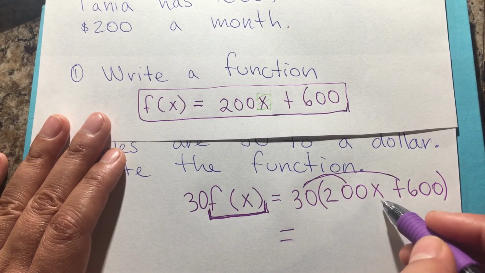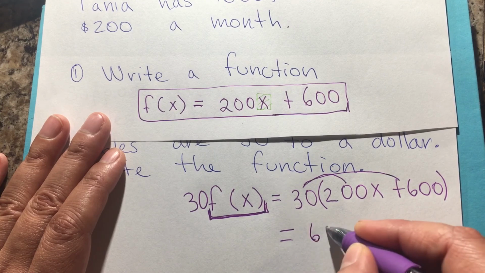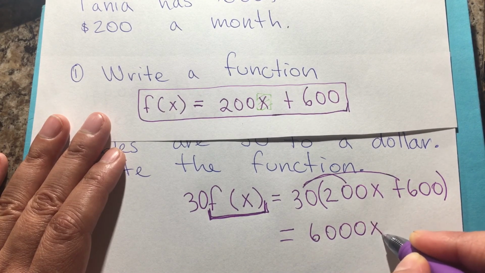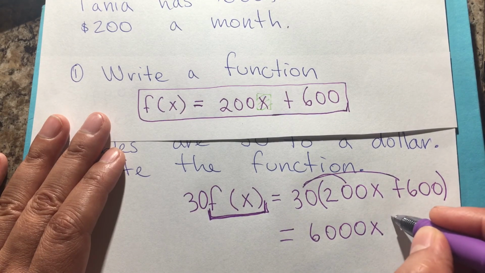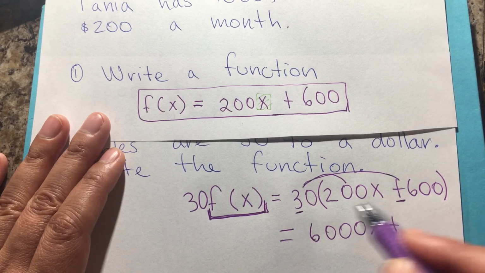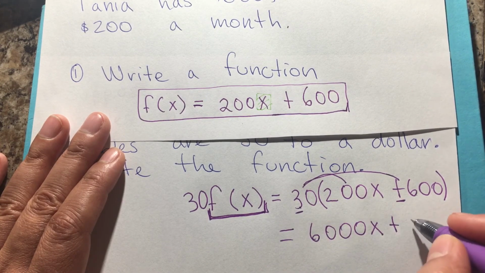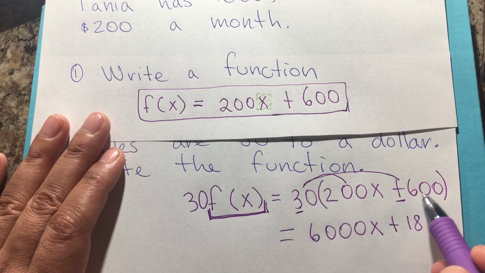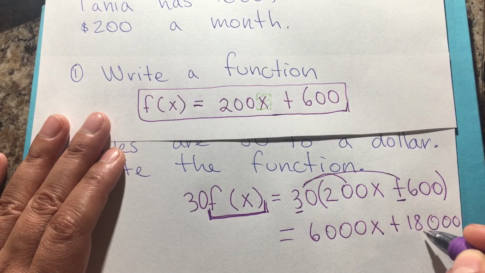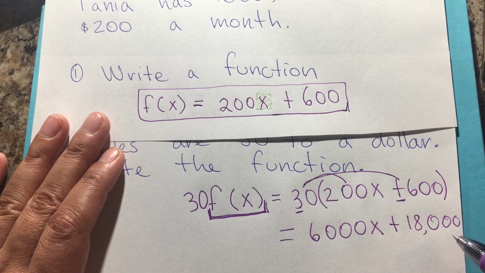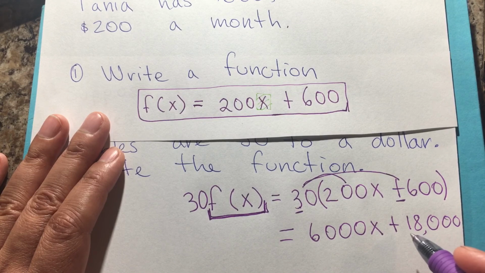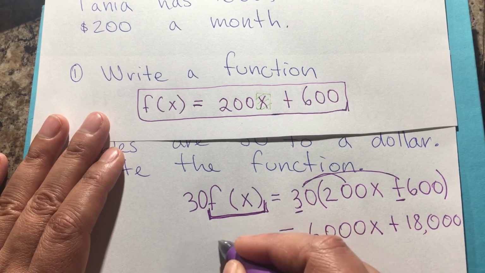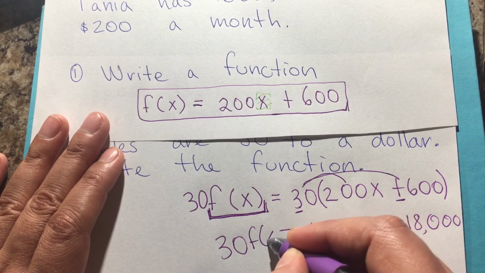This is 30 times 200x. That's going to be 6,000x. 30 times 600. And let me show you a trick. All you have to do is, since it's all zeros, you just say 3 times 6 is 18. Count the zeros from both, 1, 2, 3. And that's how many zeros you are going to put in here. Nothing else to simplify, but that's how much Tanya is going to get if she goes to a place where they have rubles. And so again, you can just bring down the notation 30f of x.